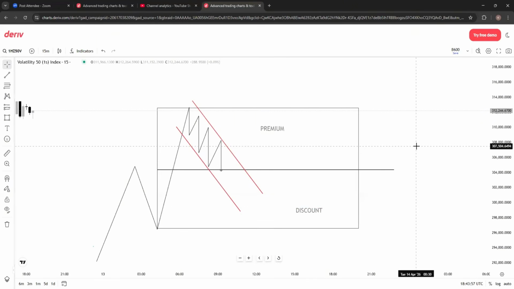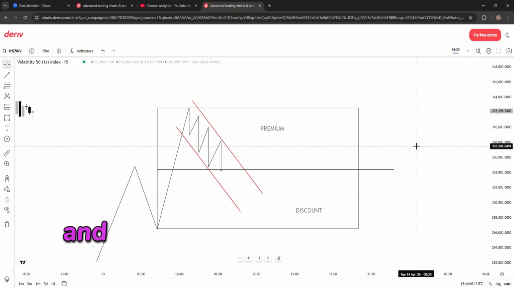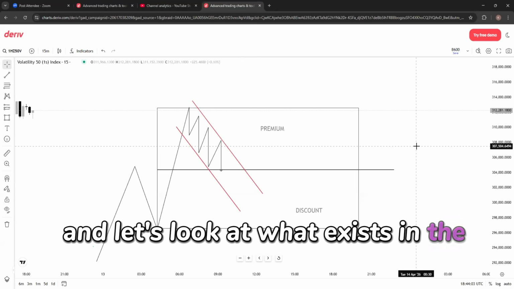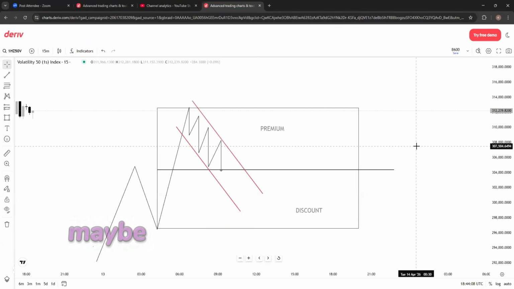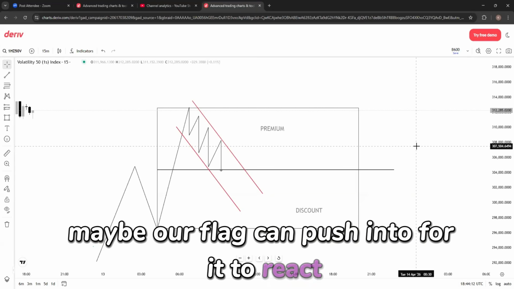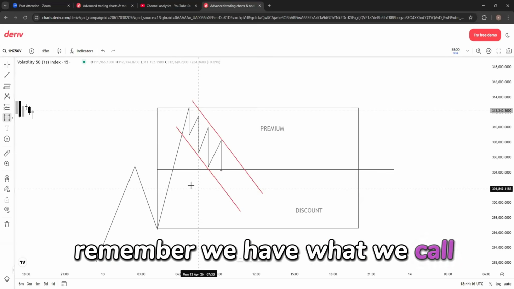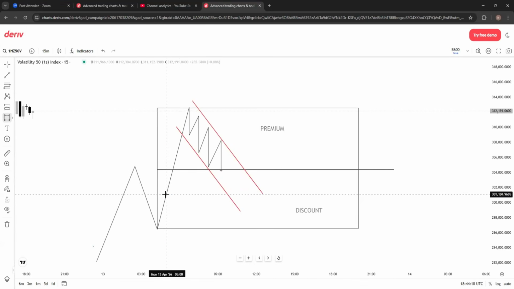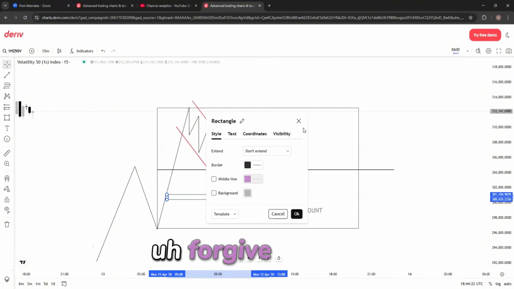Now, let's put the flag aside and let's look at what exists in the discount level that we are interested in, that maybe our flag can push into for it to react. Remember, we have what we call order blocks, right? Forgive me, guys.